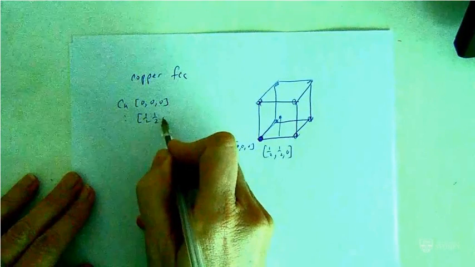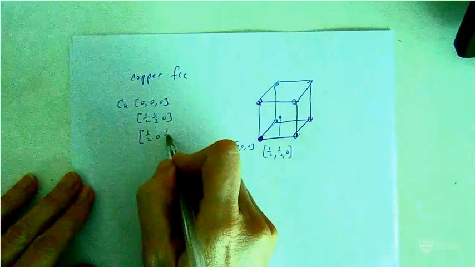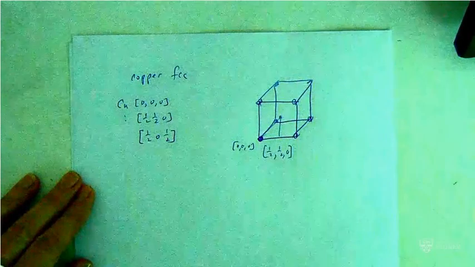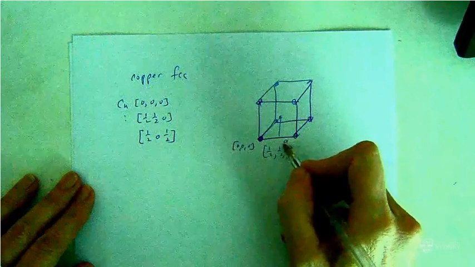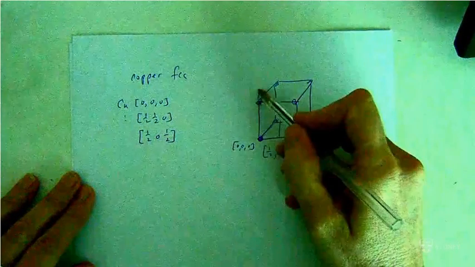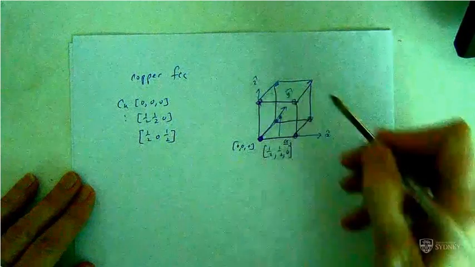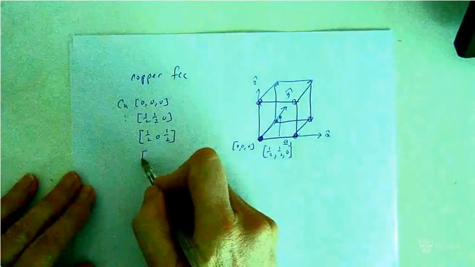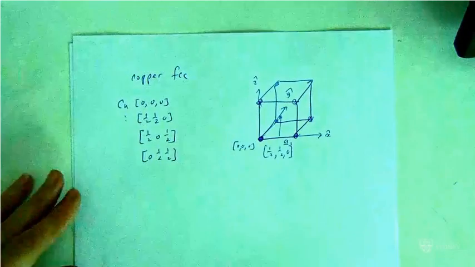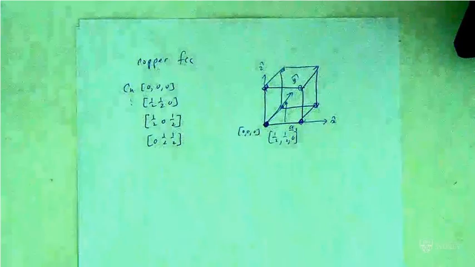That's this one here. Then we'll have another one at a half, 0, a half. And where is that one? If this is sort of A1, like the X direction, and we put this as the Z direction, that is your y hat direction. Then there will be another one at 0, a half, a half. So those are the positions of our copper atoms in this conventional cell.